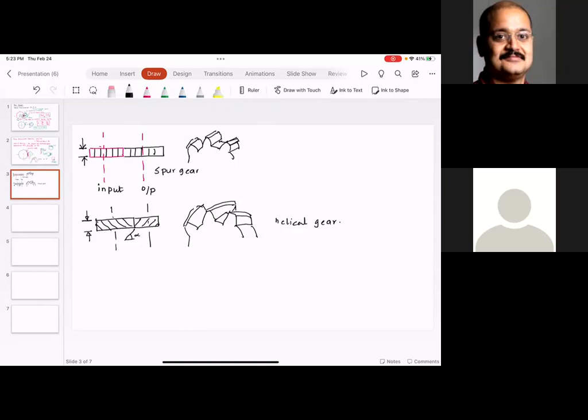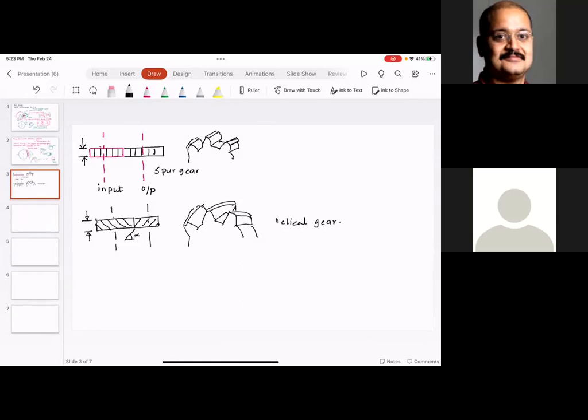Can you see that the helical gear is slanted? Spur gear is parallel. So the amount of tooth material that the spur gear has is less than the helical gear. That means helical gear is stronger than the spur gear, which means for the same size, helical gear can transmit more power. Everyone understood this?